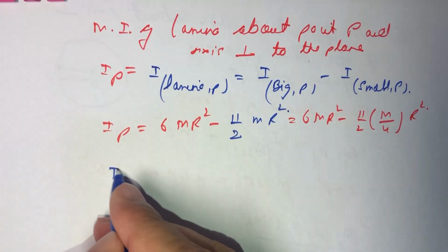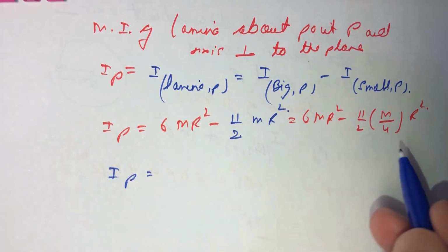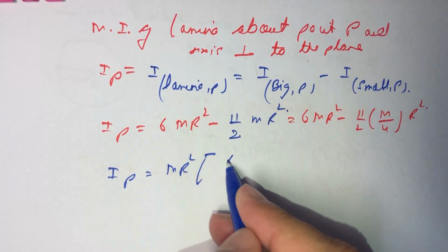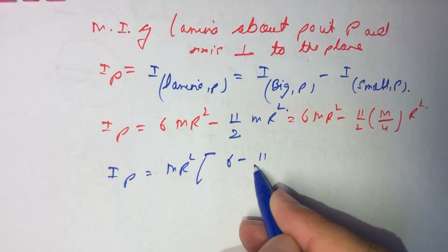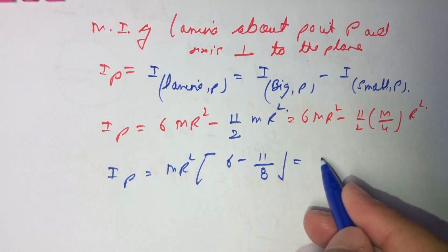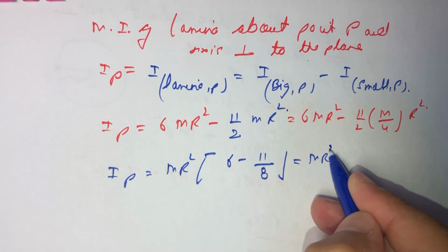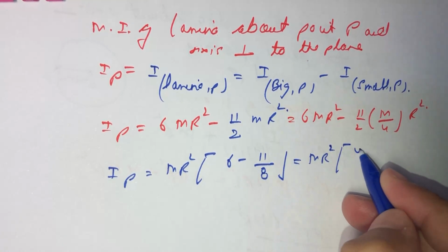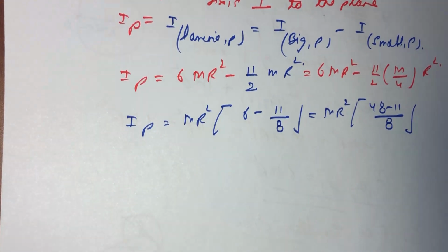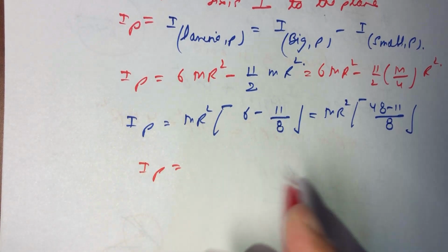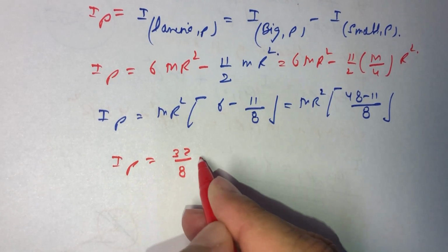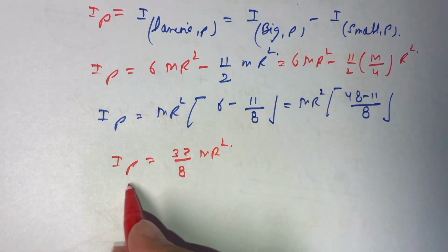Therefore IP is equal to, we can take mR square as common, and we get 6 minus 11 upon 8, that is 48 minus 11 divided by 8. Therefore IP is equal to 37 upon 8 mR square.